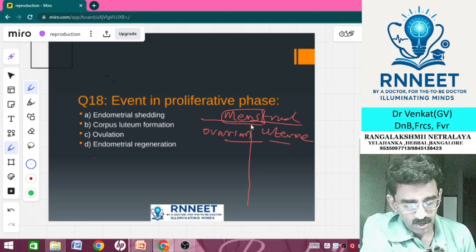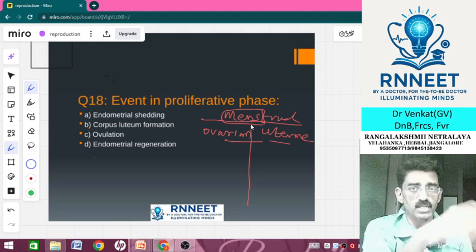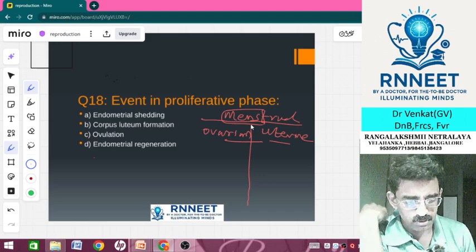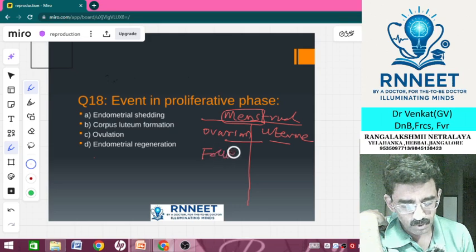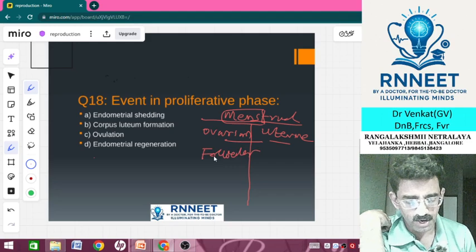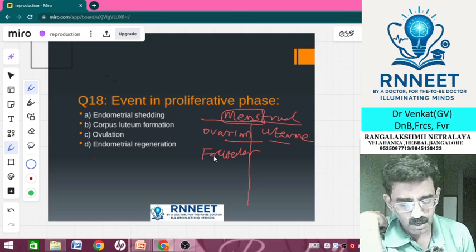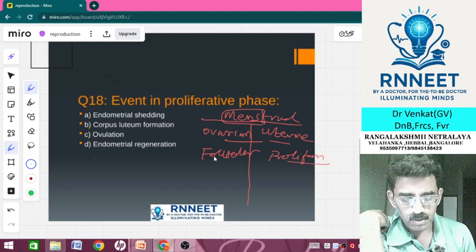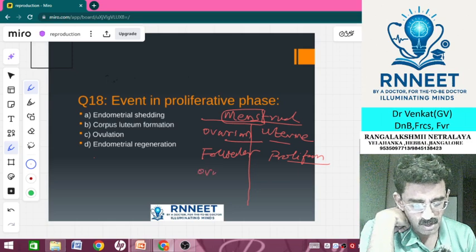Basically, when follicles are getting formed in the ovary, that is called the follicular phase. At the same time in the uterus, you call it the proliferative phase. Correct. Then you have the ovulatory phase.